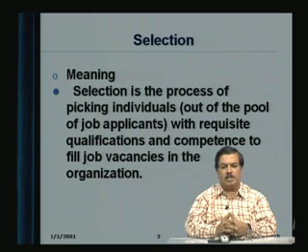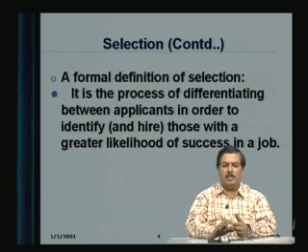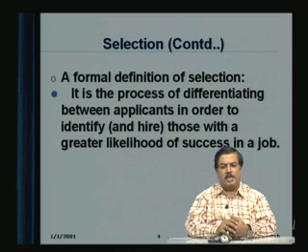The specification also gives the job requirements, the details of the person who can perform all the jobs, and now we start seeing which applicants could meet these specifications and requirements. Let us look at the formal definition of the selection process. It is the process of differentiating between applicants in order to identify and then hire those with a greater likelihood of success in a job.